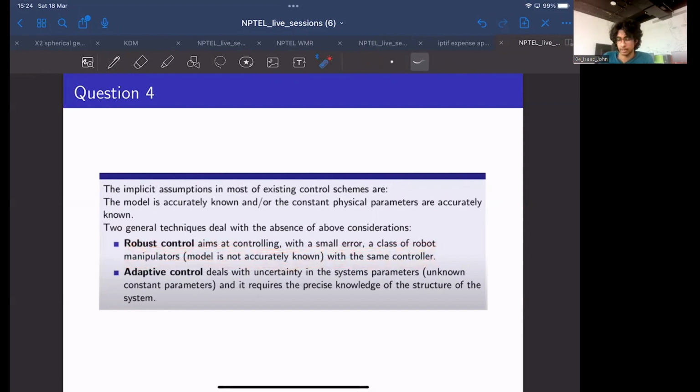So we always write the model of a robot as tau equals d of theta theta double dot plus n of theta. Again, we cannot be 100% sure that this would exactly model a robot, because there may be some other terms also.